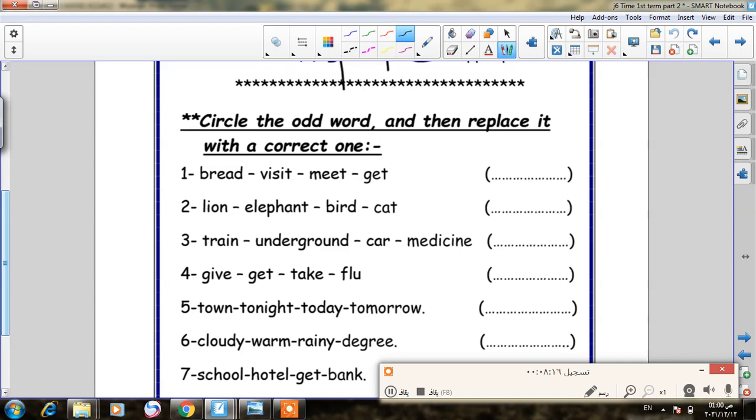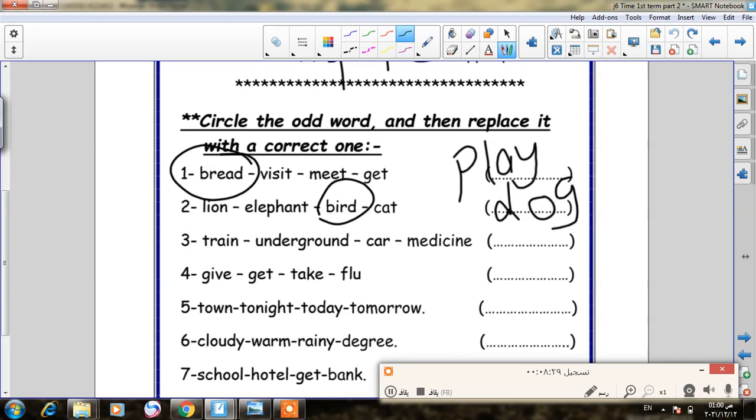Bread, visit, meet, get. Bread, play. Lion, elephant, bird, cat. Bird, dog. Train, underground, car, medicine. Medicine, taxi. Give, get, take, flu. Flu, buy.